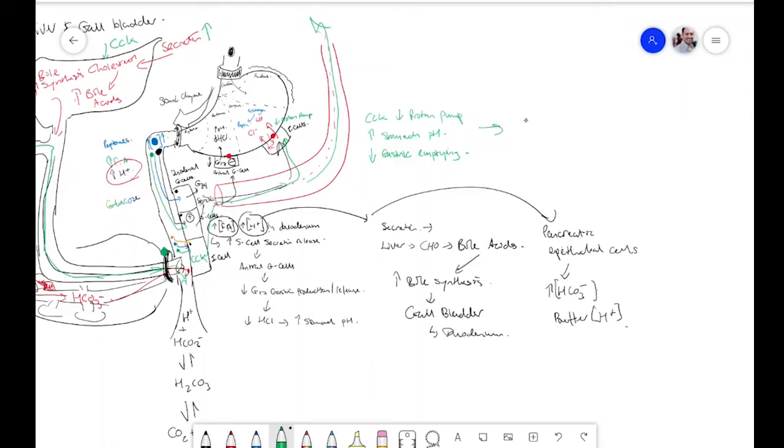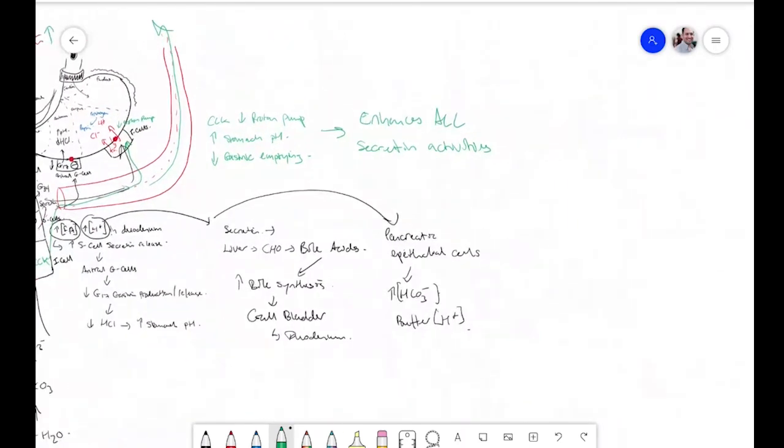Then, next thing it does, enhances all secretin activities, causes gallbladder to contract and the sphincter of Oddi to relax.